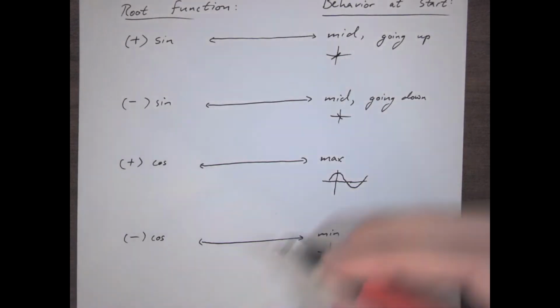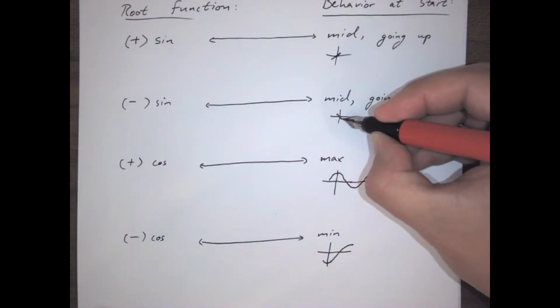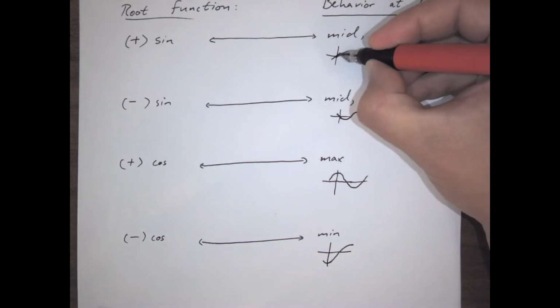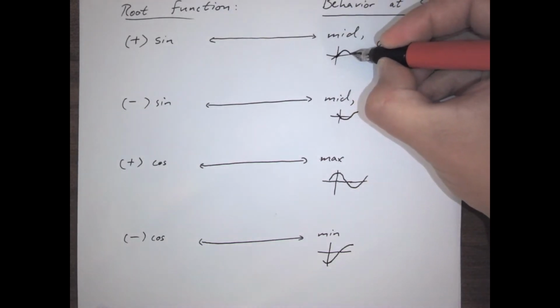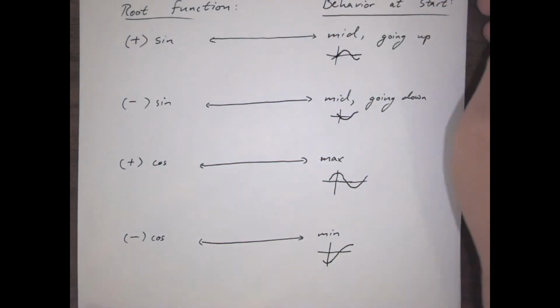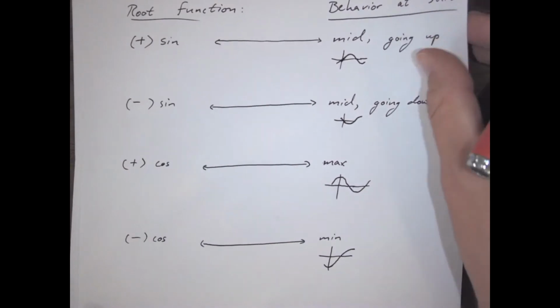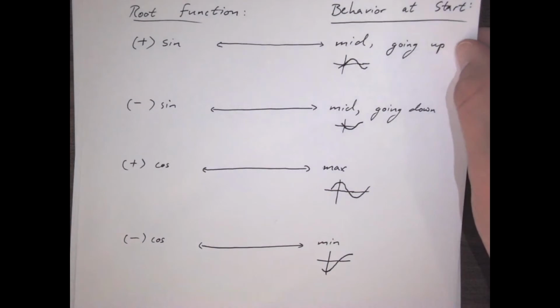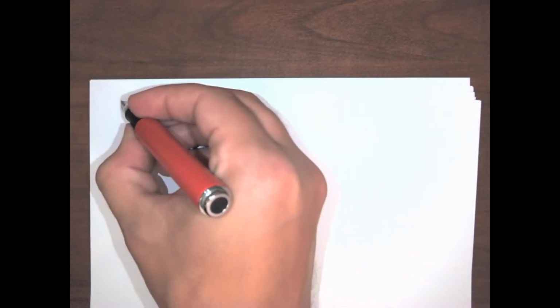So all of these are periodic functions, so in a way there's no such thing as the starting point, but what I mean by starting point is the y-intercept here. Okay. Last item in the drawing of this will be the midline. So it is possible for these functions to encounter a vertical shift, and that will change the midline.